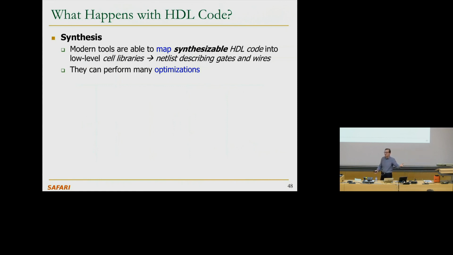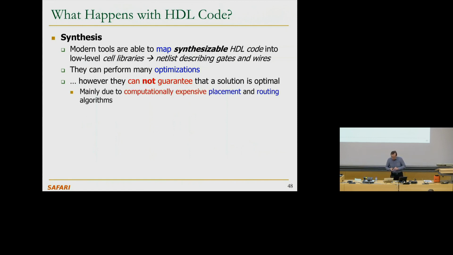Whereas if you design a multiplexer with gates that is not fast, it'll probably give you what you actually defined. Because your level of abstraction is much lower, and now the optimization depends on you, not the synthesis tool. Okay, but they cannot guarantee that a solution is optimal, and this is a very tough problem. It's actually an NP-complete problem, which is very hard for computers to solve.